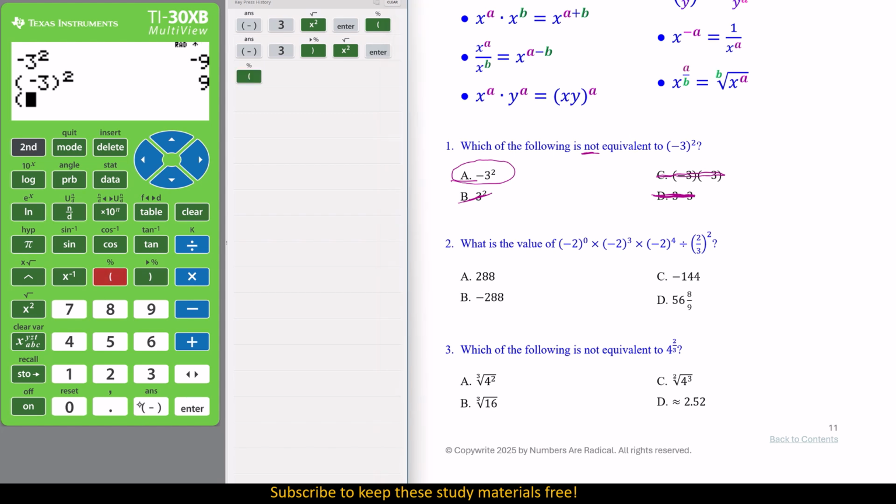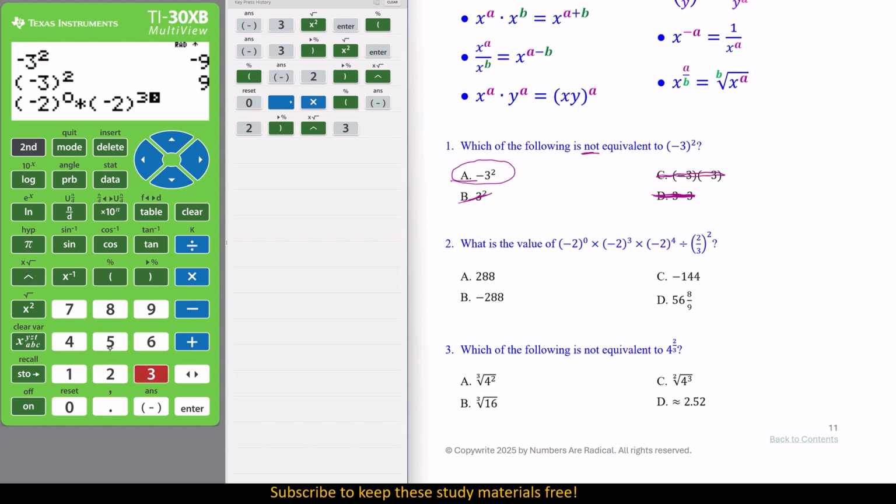So we have parentheses and -2, carry it up to the 0 power, arrow over, then times, parentheses, -2, close the parentheses, carry it up to the third. Remember to arrow over. If you're not squaring, you always have to arrow over. I have found that's true in the TI-84 also.